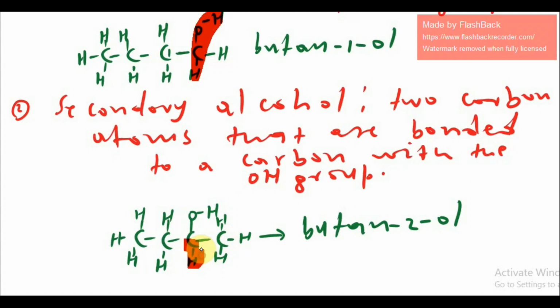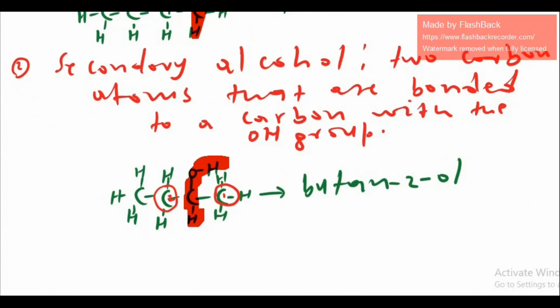This is the carbon with the OH group. How many carbon atoms are attached to this carbon? We have this one, this is one, this is another carbon atom. So we have 2 carbon atoms attached to this carbon. Since there are 2, this is the secondary alcohol.